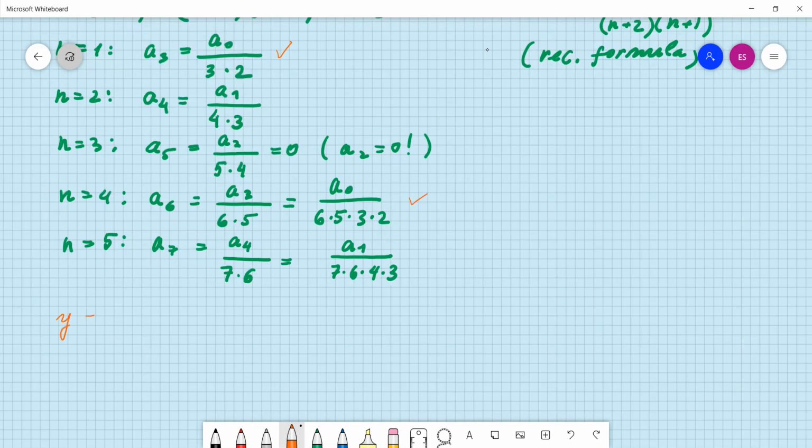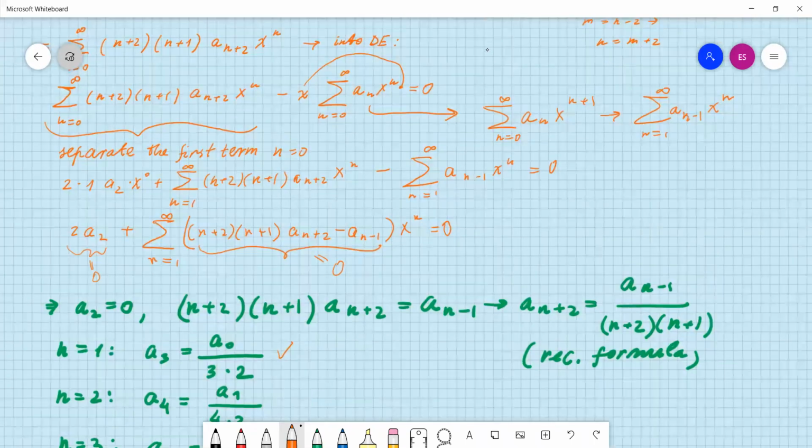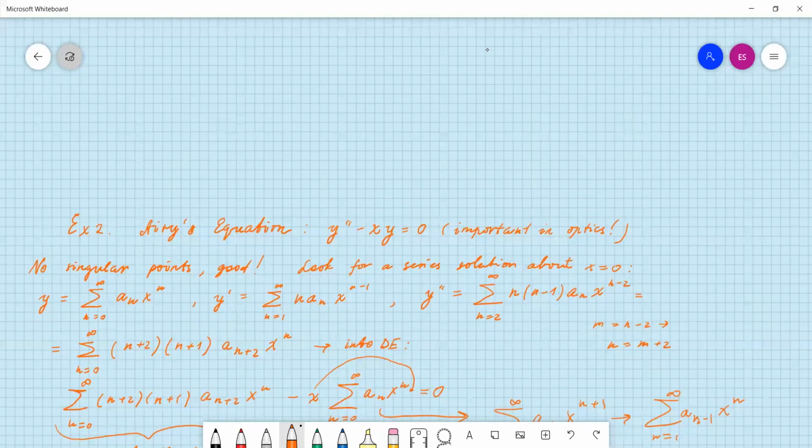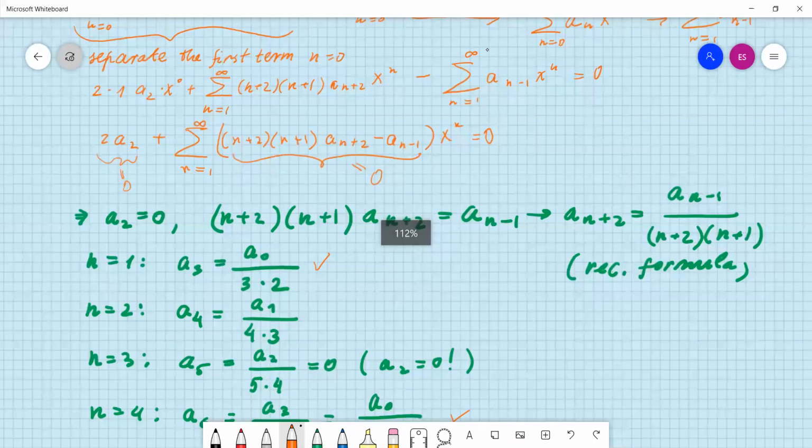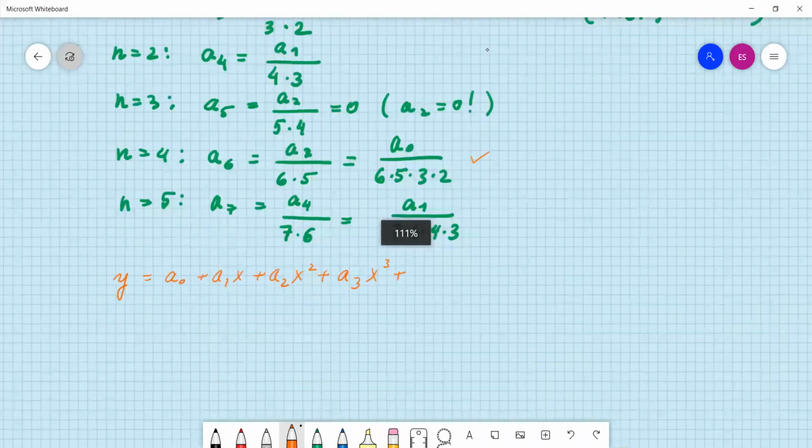I'm going to write down y equals what? a0 plus a1 x plus a2 x squared plus a3 x cubed. I'm writing down this representation, like instead of sigma notation using expansion, because I'll need to plug in the coefficients.